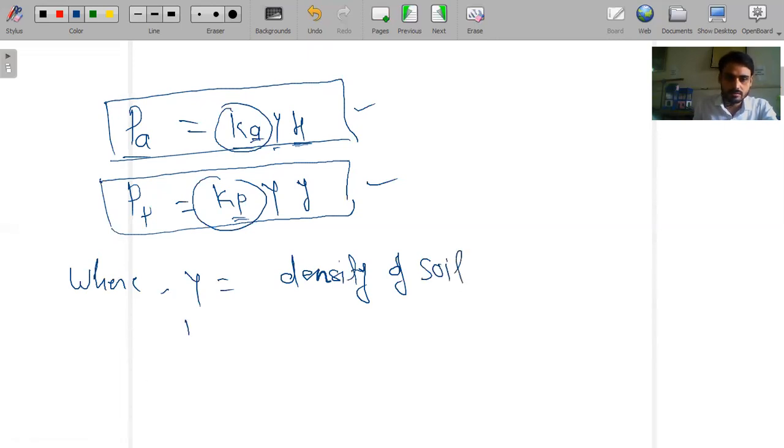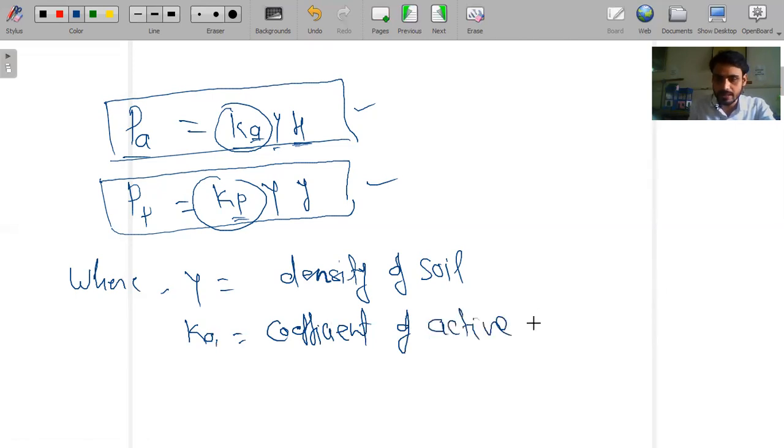And if we talk about K, Ka is the coefficient of active earth pressure. And we will learn how to calculate these coefficients. And Kp is the coefficient of passive earth pressure.